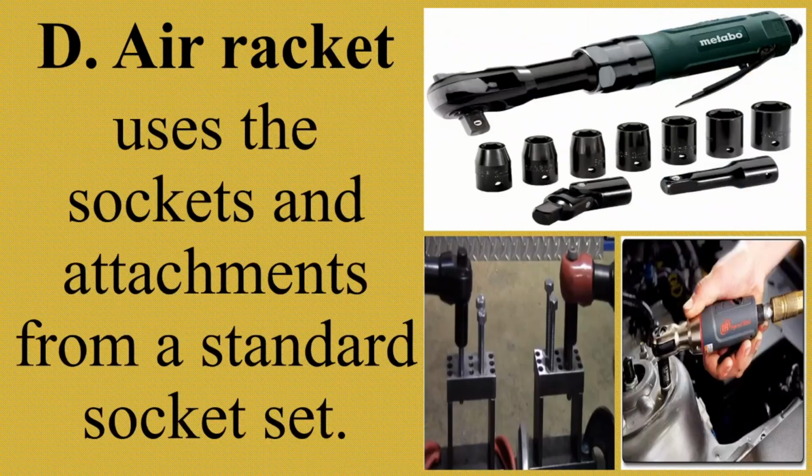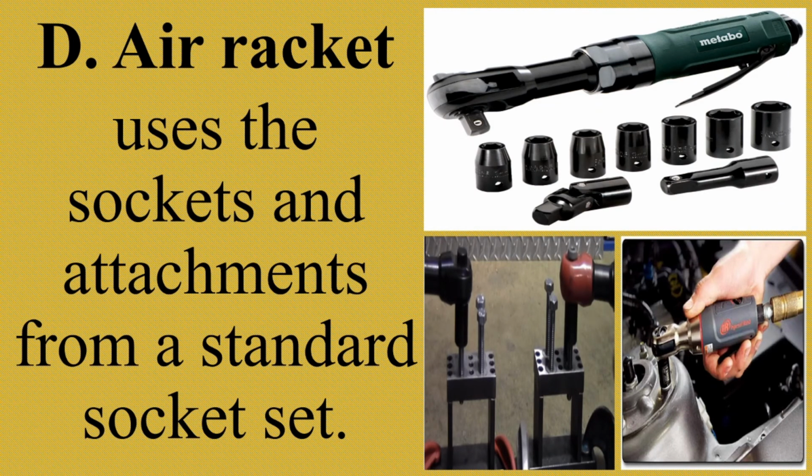Next. Air racket uses the sockets and attachments from a standard socket set. Ibig sabihin, when we say air racket, it is very similar to hand power wrenches, guys, in that it has the same square drive. Ayan, kung makikita nyo. But an air motor is attached to turn the socket.